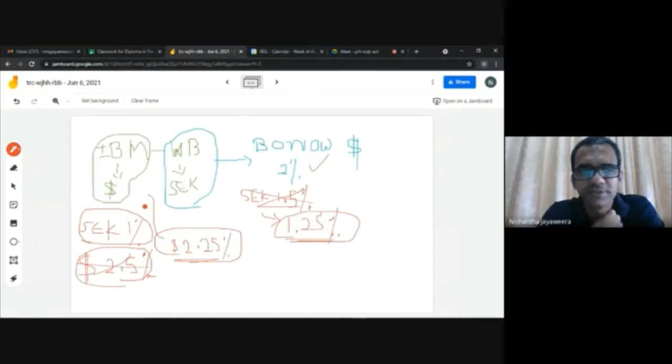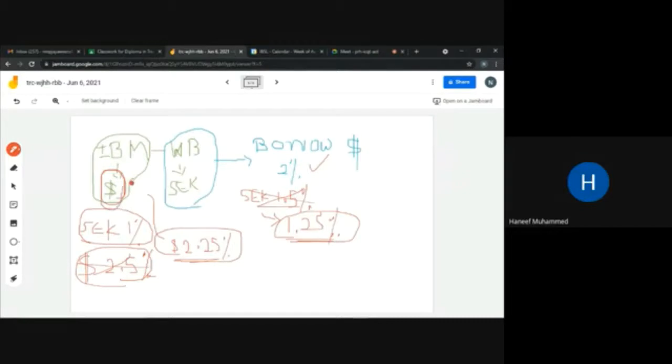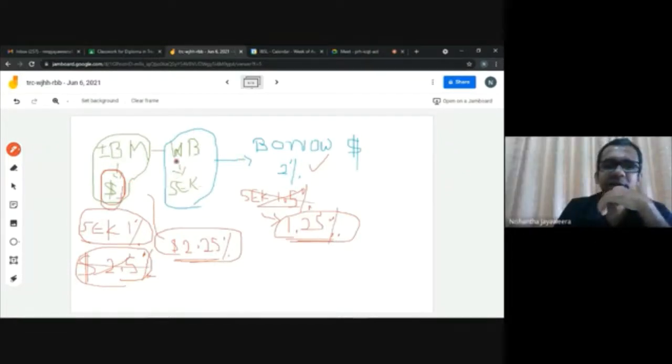So what IBM does is borrow SEK and convert into dollars and use it, because IBM's requirement is dollars. World Bank does the same: World Bank borrows dollars, converts it into SEK, and they use it.